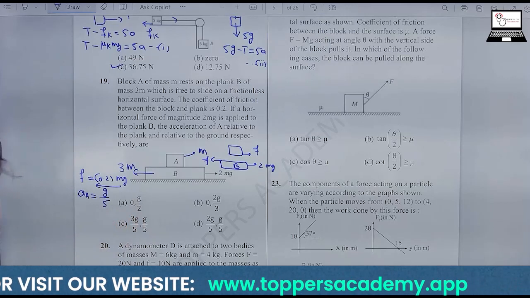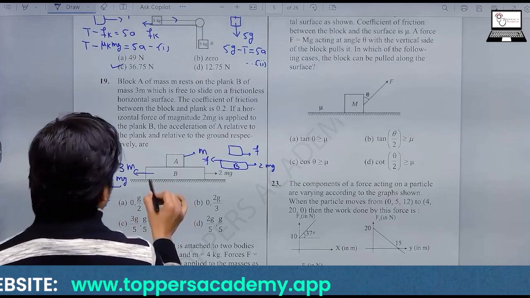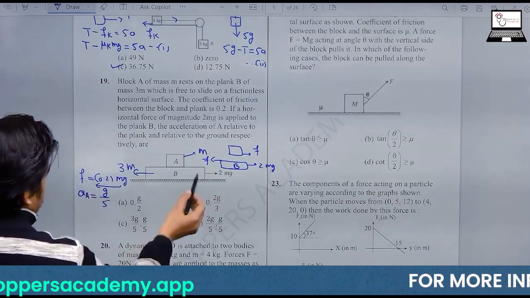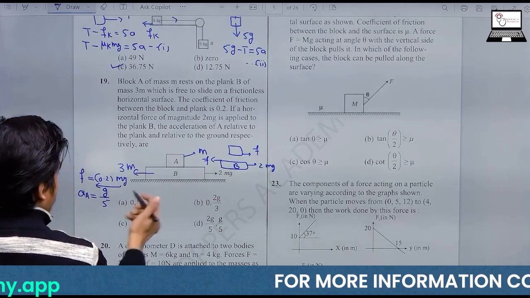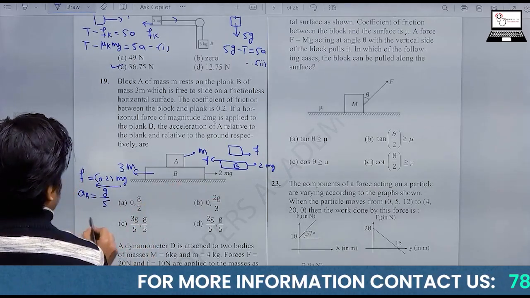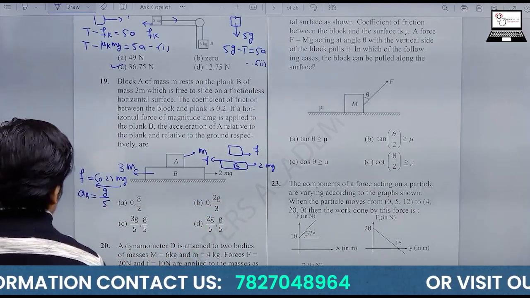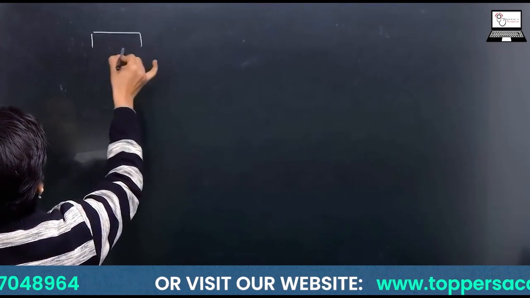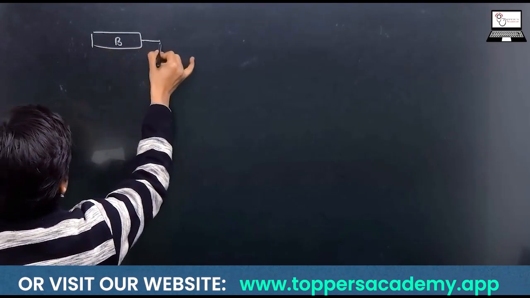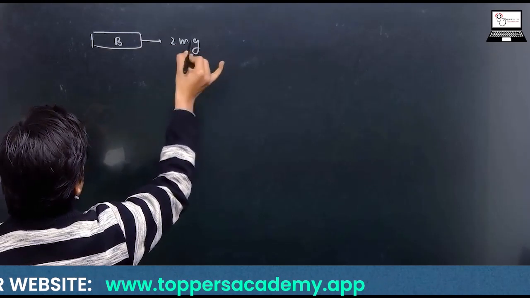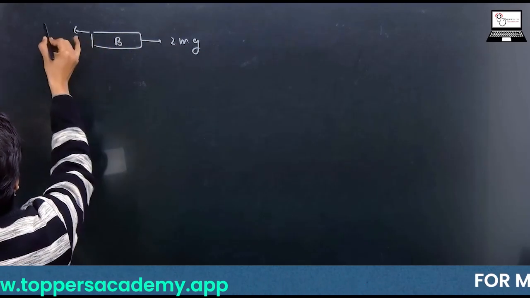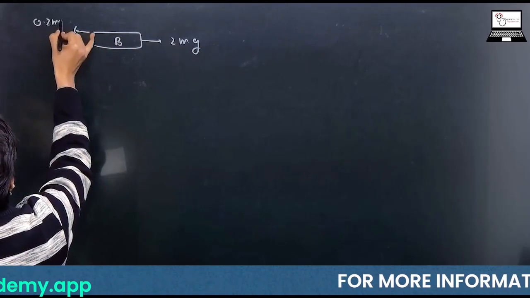But if I apply Newton's second law for block B, the forces acting on block B are 2mg in the forward direction and the frictional force 0.2 mg in the backward direction.